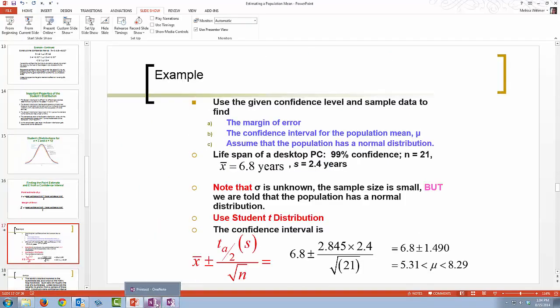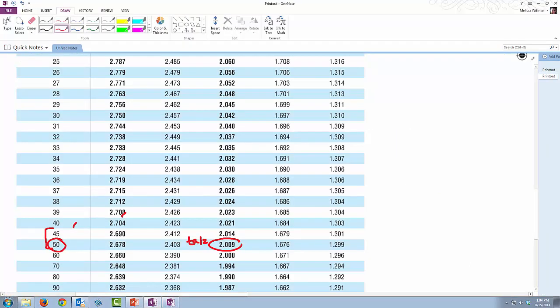So in table A3, we want to first go to the appropriate row. In this example, we had 21 desktop PCs, so my row that I want to go to is the 20th row.